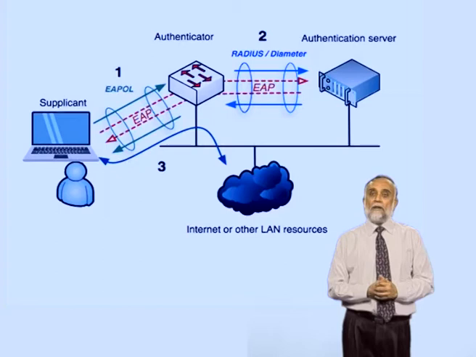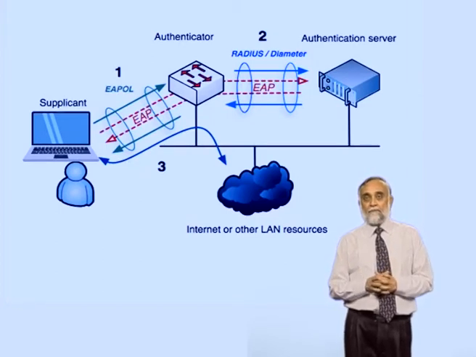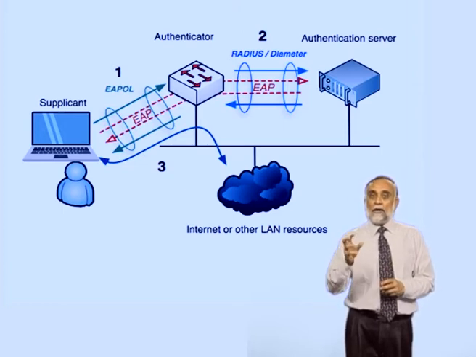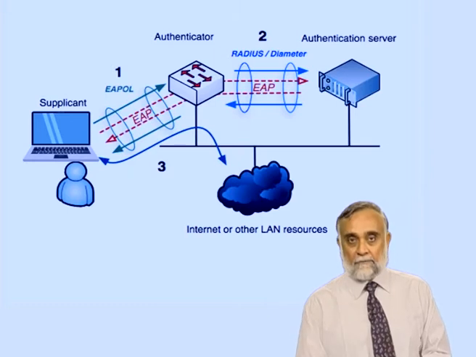IEEE 802.11i is the standard specification widely used for security mechanisms of wireless networks. Wireless fidelity or Wi-Fi, as we know, consists of three main components. Station, that is the client device, for example, a laptop that wants to associate to the WLAN.